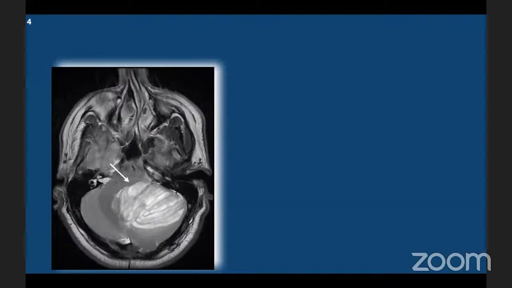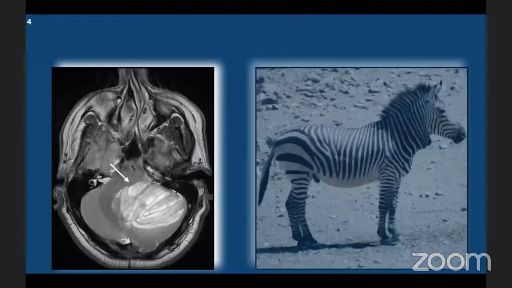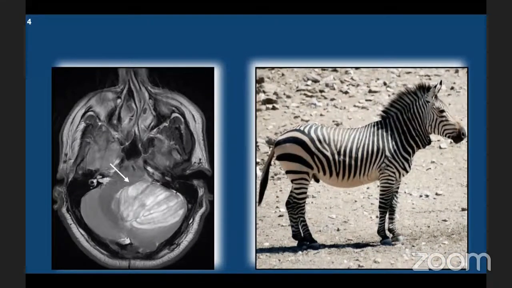The lesion appeared to consist of alternate bands of hyper and isointensities representing cerebellar folia. This gives the typical zebra appearance in our imagination. So it is known as zebra sign. The zebra sign in MRI is typically seen in Lhermitte-Duclos disease.